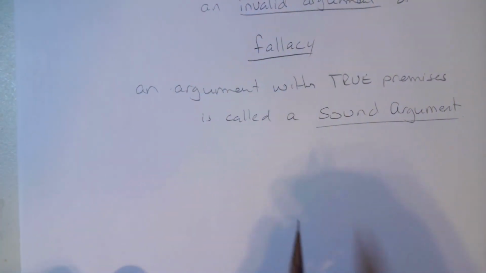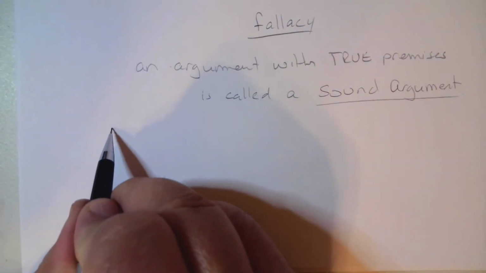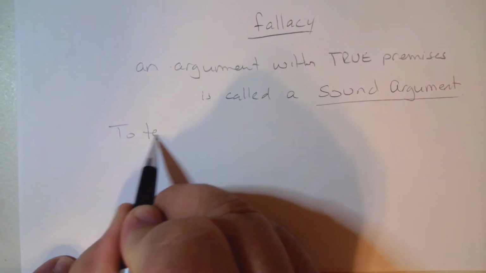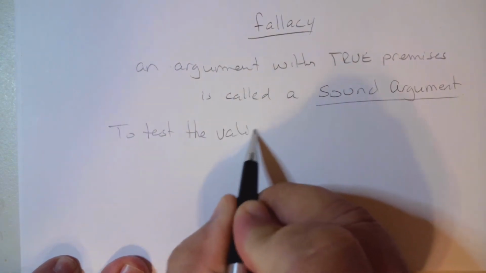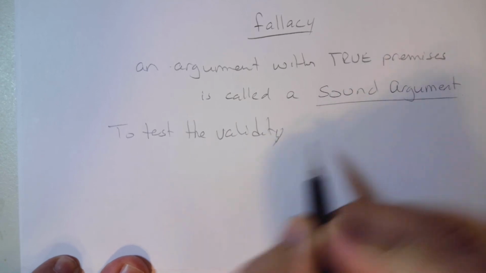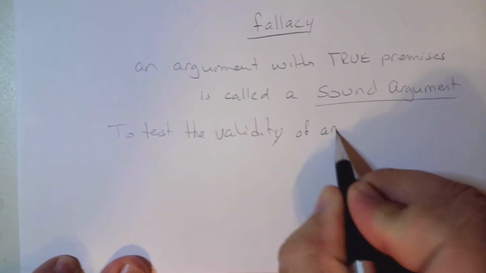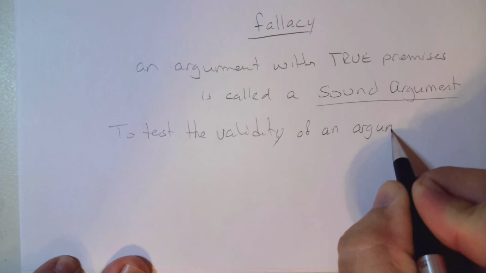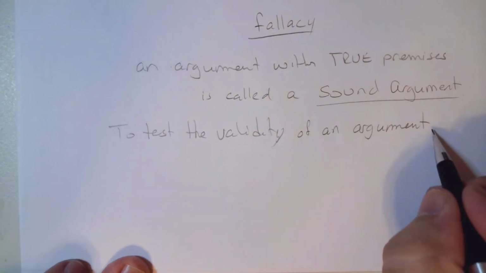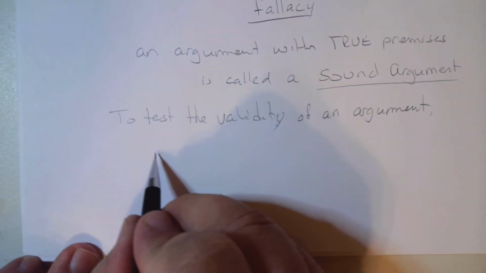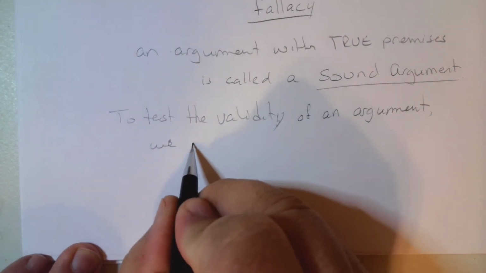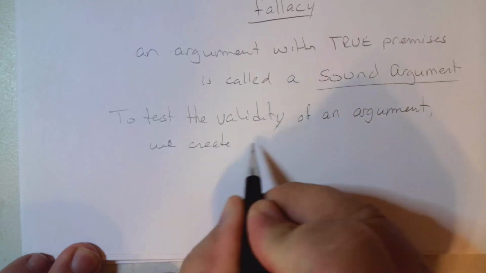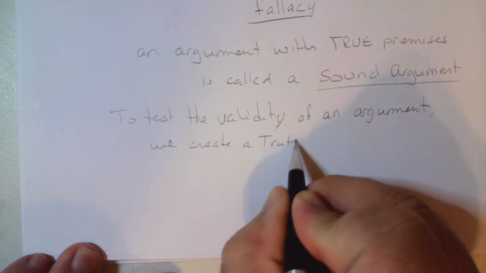All right, now, how do we test the validity of an argument? We create a truth table.